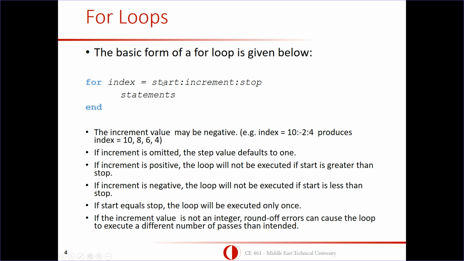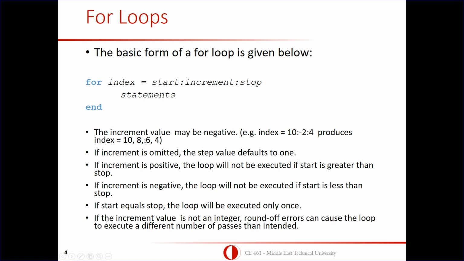If you remember, this is basically an incrementing methodology, and inside the for loop we have the statement. Start, increment and stop, and in between those we have colons over here. So you remember this from MATLAB from the last time, I guess.